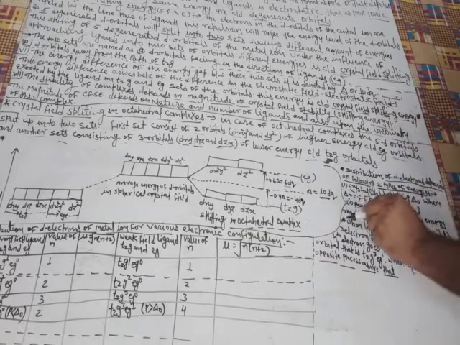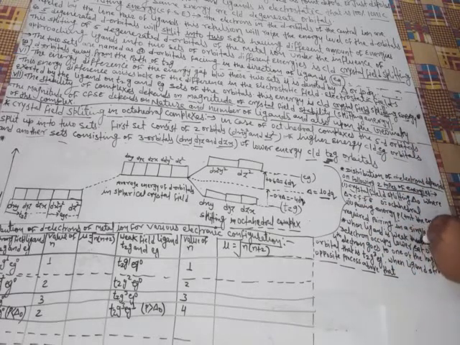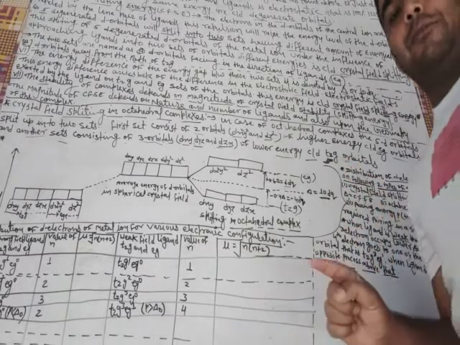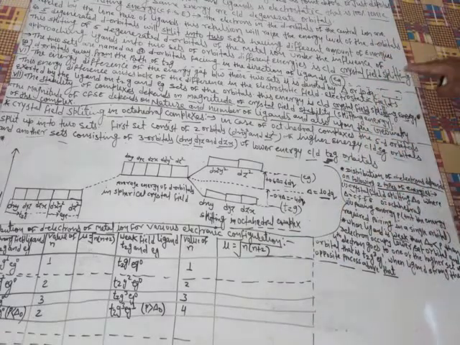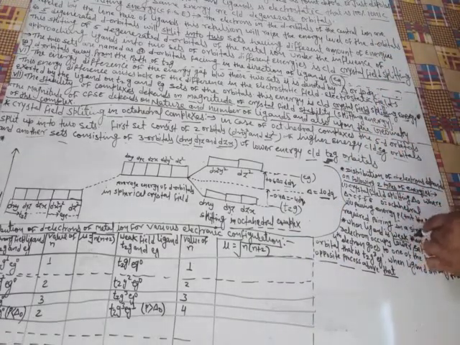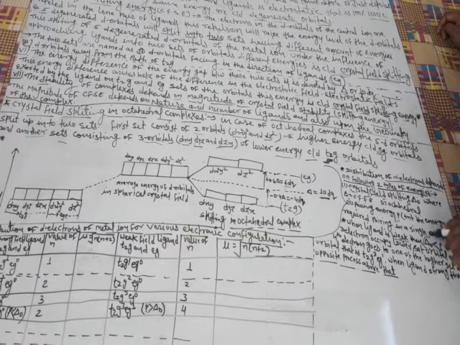Important point, when the ligand is a weak ligand, we know X minus, OH minus, and H2O are weak ligands. For weak ligands, crystal field splitting energy is lower than pairing energy. So first splitting of electrons, then pairing of electrons.